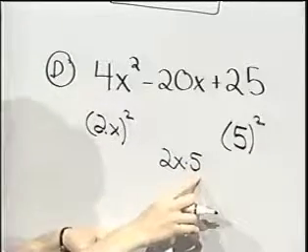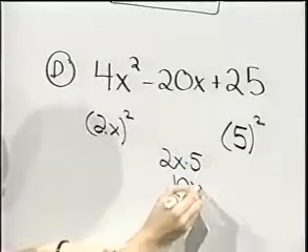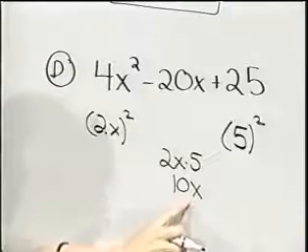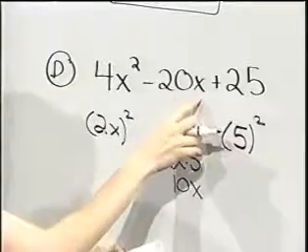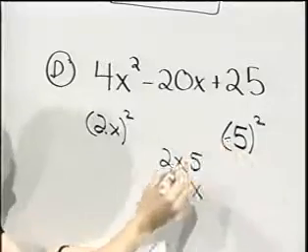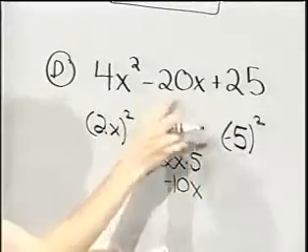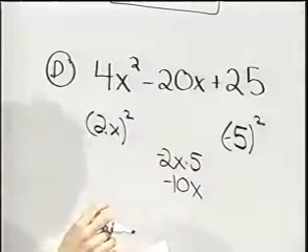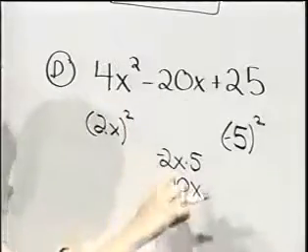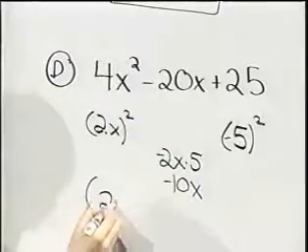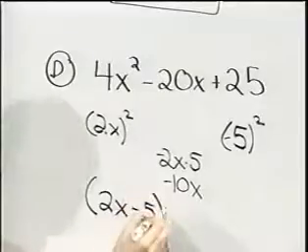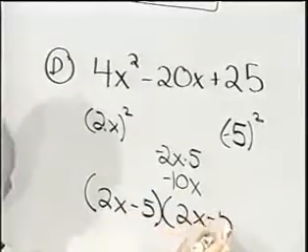Now, 2x times 5 is 10x. And if you double this, you get 20x. And in fact, actually, that would have to make that a negative 5. Negative 10x doubled would be negative 20x. In either case, that's going to tell you that you want 2x minus 5 times 2x minus 5.